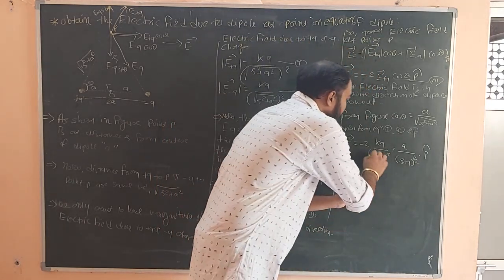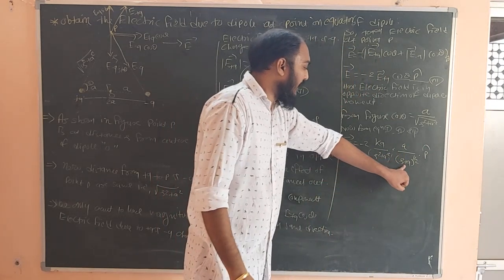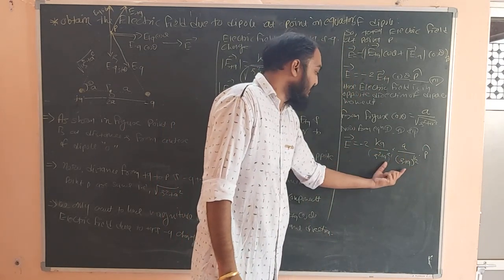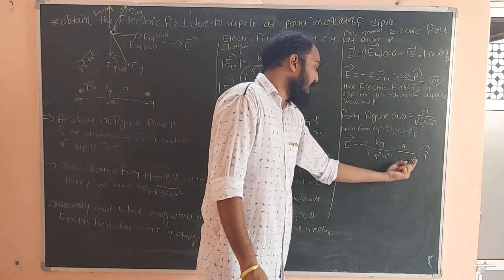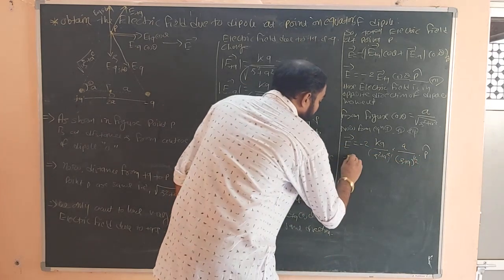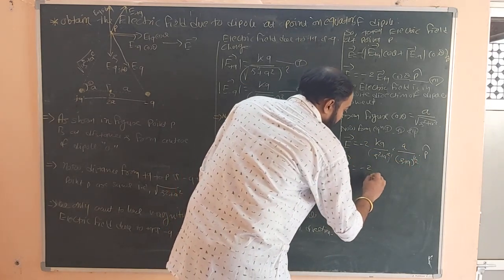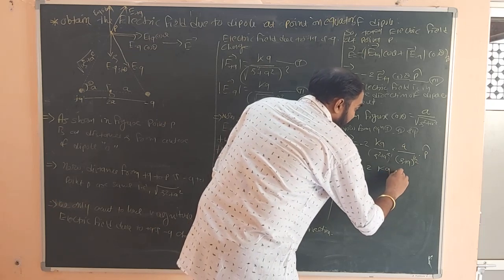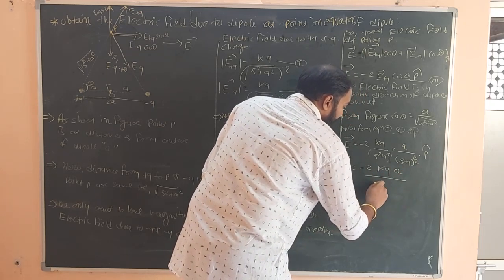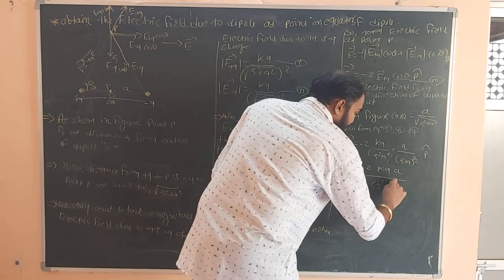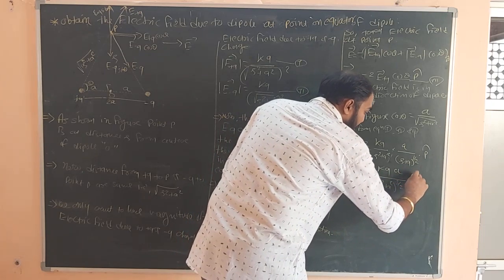Okay, see here: R square plus A square to the power 1, and R square plus A square to the power 1/2. The base is the same, so we add the powers, 1 plus 1/2, which is 3/2. So vector E is equal to minus 2 K Q A by R square plus A square raised to 3/2, into P caret.